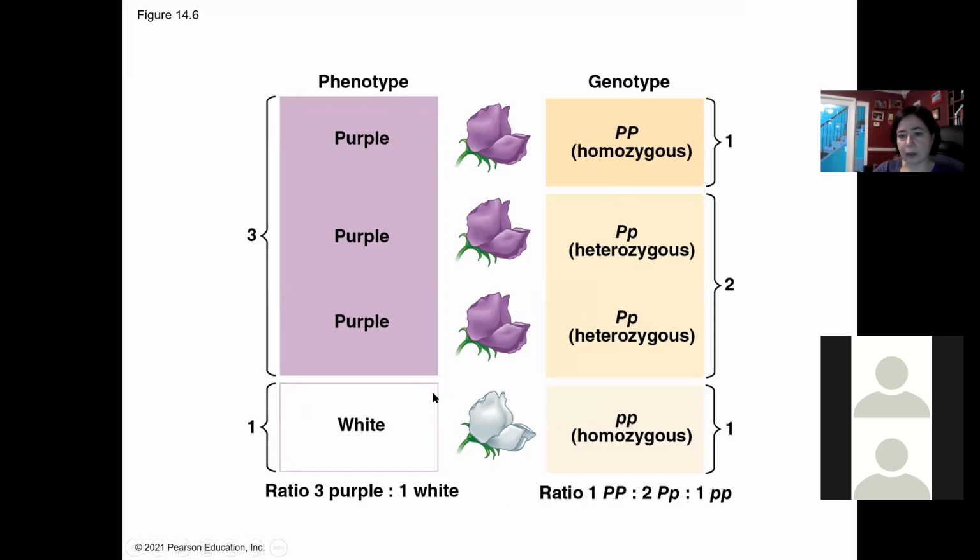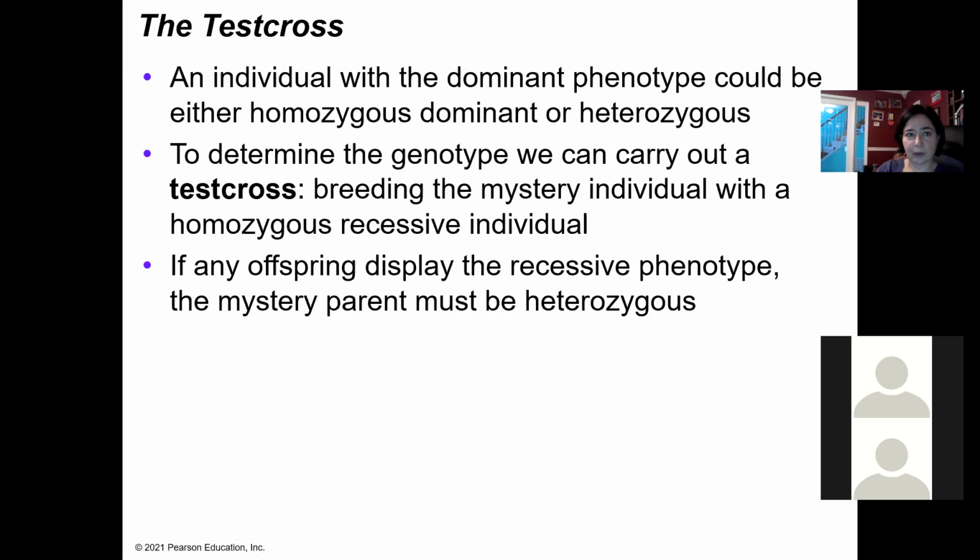For white color, it's always homozygous recessive, right? Okay, so sometimes you can say for sure, if this is recessive, this is the phenotype and genotype. If you have heterozygous or homozygous dominant, you might not be sure, okay?